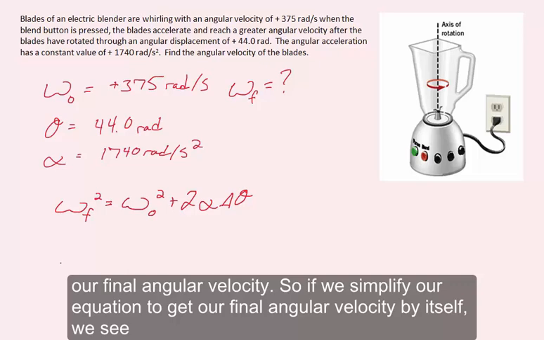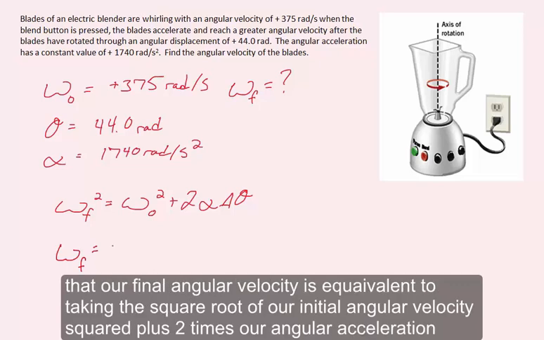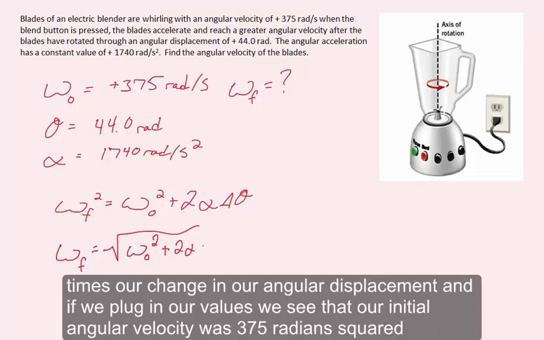So if we simplify our equation to get our final angular velocity by itself, we see that our final angular velocity is equivalent to taking the square root of our initial angular velocity squared plus 2 times our angular acceleration times our change in our angular displacement.